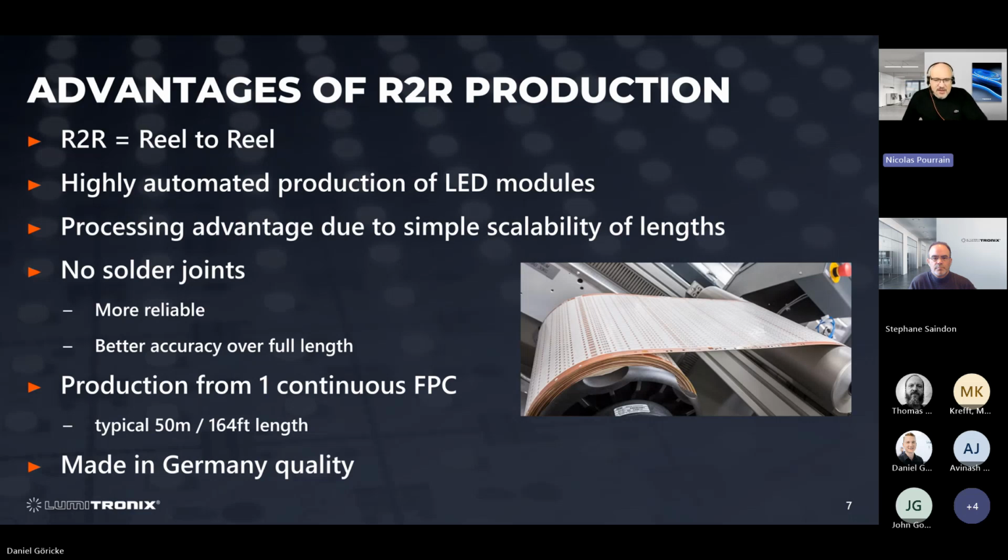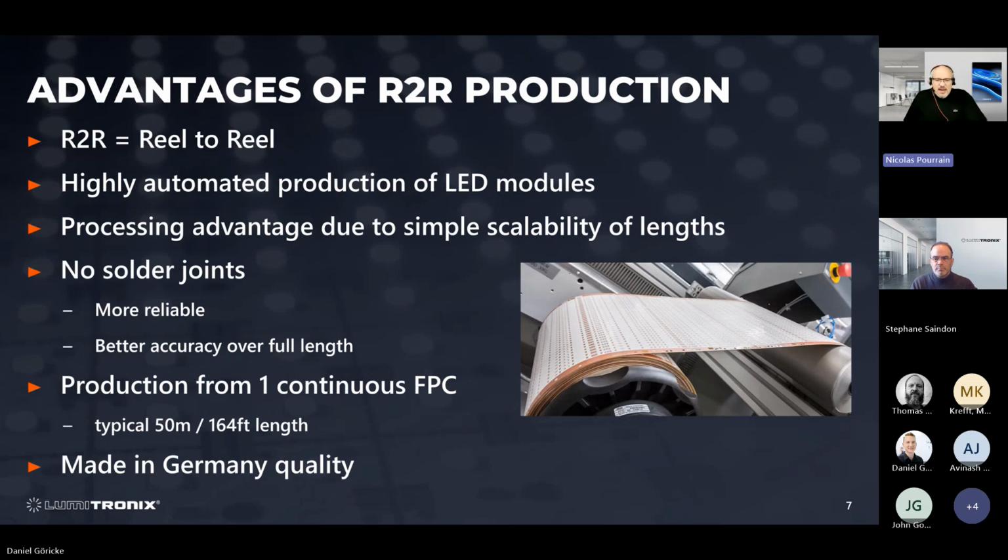So now the different advantages of reel-to-reel production. The reel-to-reel production of LED strips offers several advantages over traditional methods, primarily in terms of cost effectiveness, efficiency, and reducing labor cost and assembly expenses.